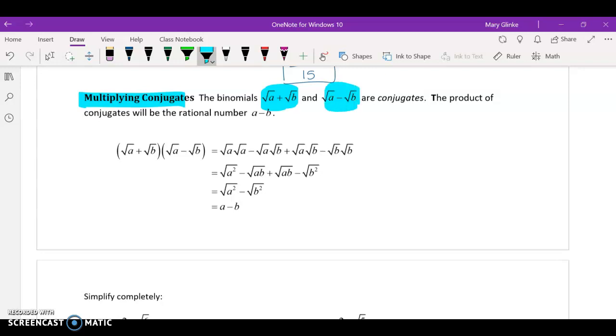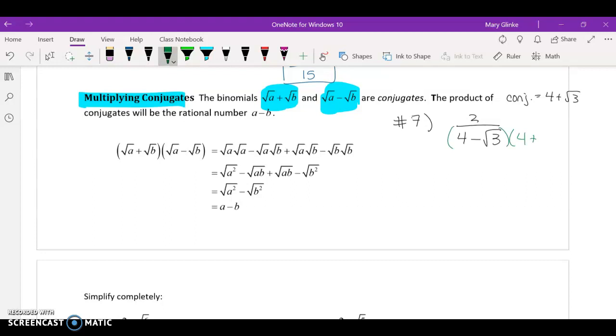You're going to rewrite the same binomial, but you're going to switch your signs. So whatever is in between them, you're going to change that. So for number 7 from above, it was 2 over 4 minus root 3. So you're going to take the denominator and multiply by the conjugate of the denominator, which in this case would be 4 plus root 3.